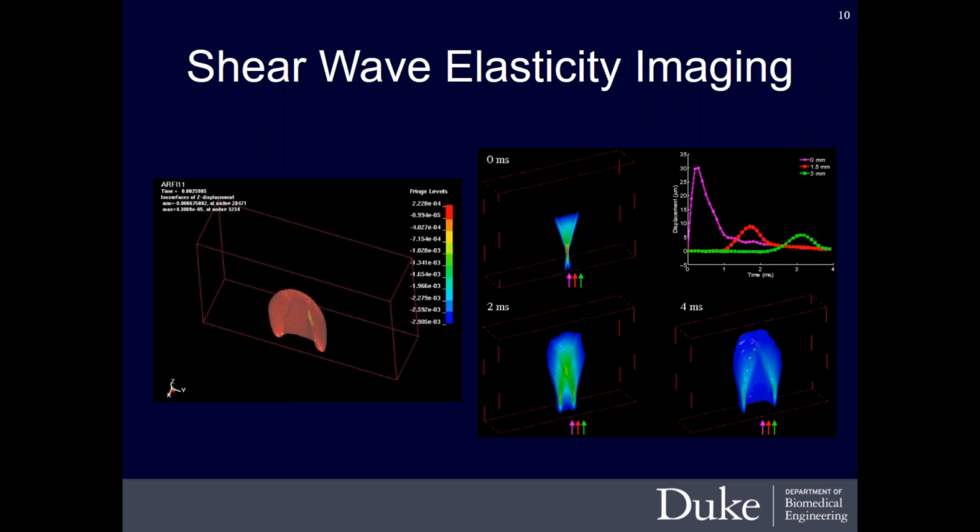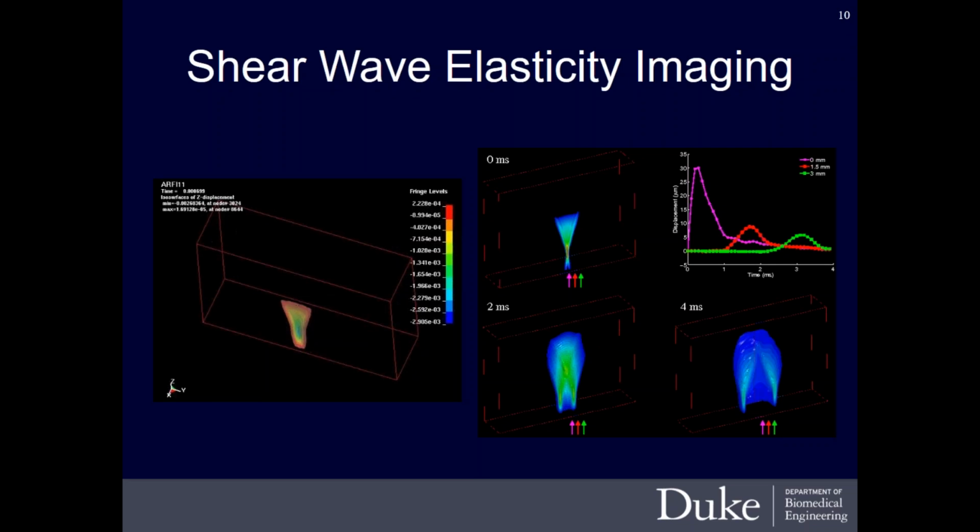For shear wave elasticity imaging, the animation on the left is showing the displacement fields that would be generated from a radiation force excitation like the one just shown on the previous slide. Similar to dropping a pebble on the surface of water and watching the waves emanate out from where that pebble was dropped, the shear waves generated from an acoustic radiation force excitation also propagate out and away from where that radiation force was applied.